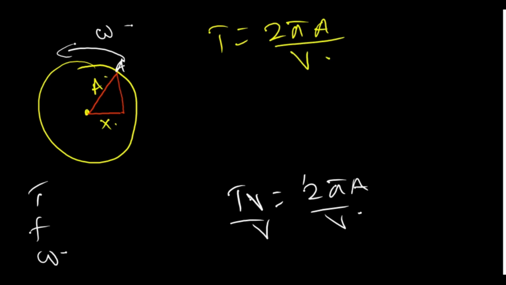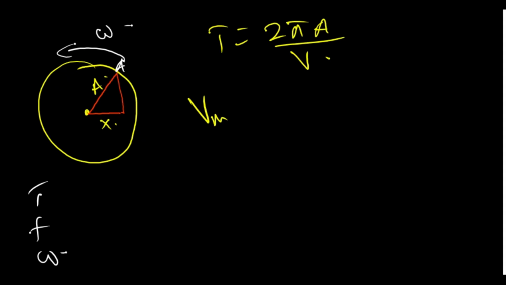But what we need to remember is that we talked about how to find the formula of the maximum velocity, and we came up with v max given by the square root of k over m times the amplitude.